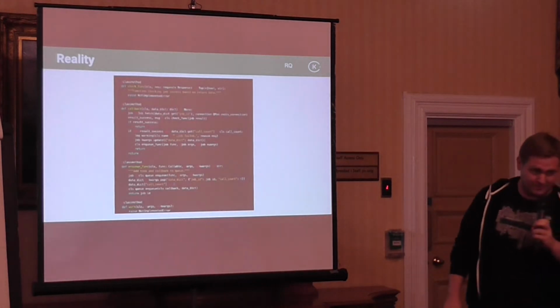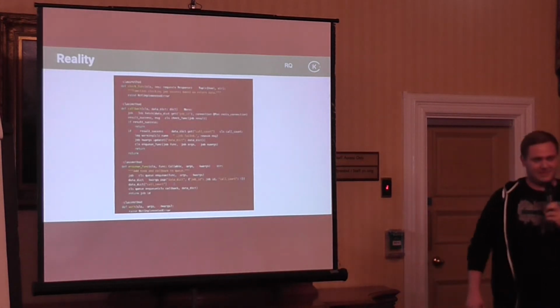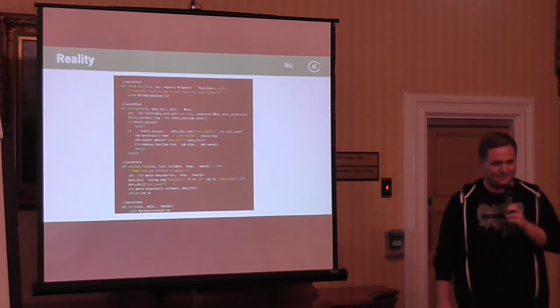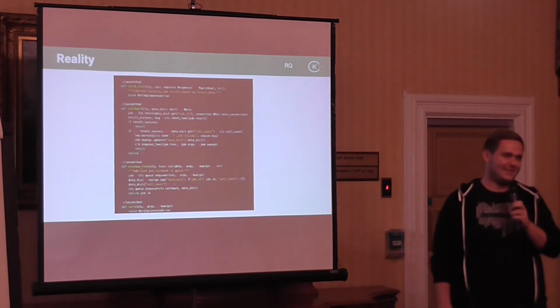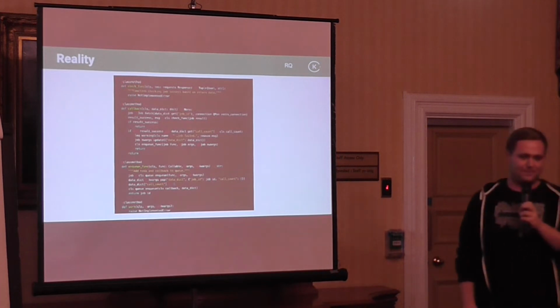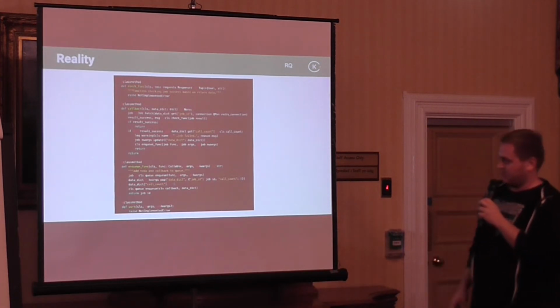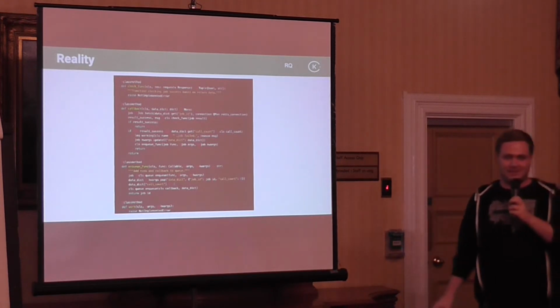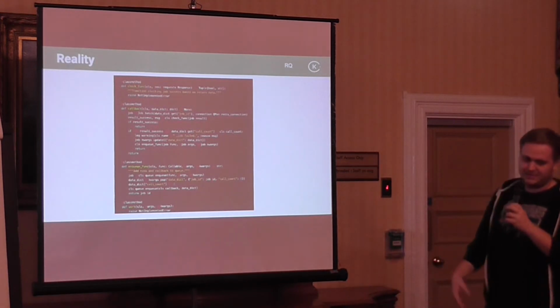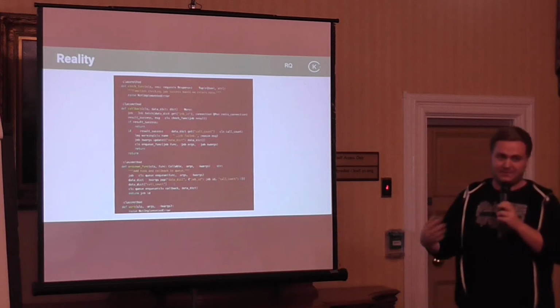Because in the end, we found out, okay, we want some repetition in RQ. Well, Celery has it built in, but RQ no, it's lightweight. So we needed to build it ourselves. Yeah, well, don't. This is just a speck of what we needed to do to make some repetitive tasks.